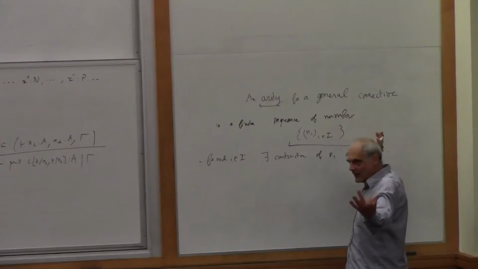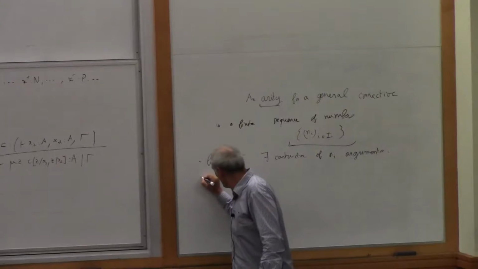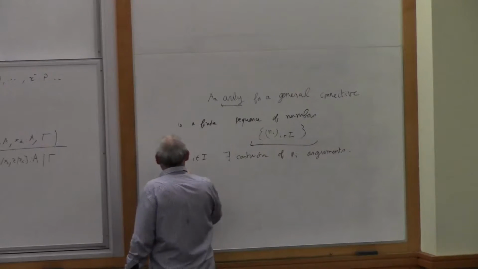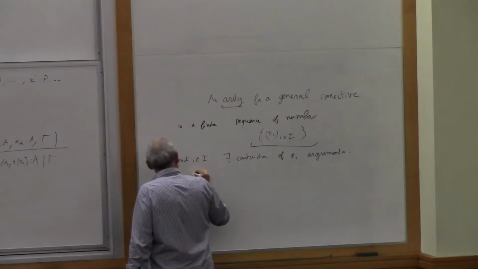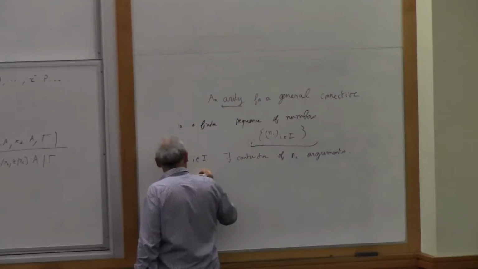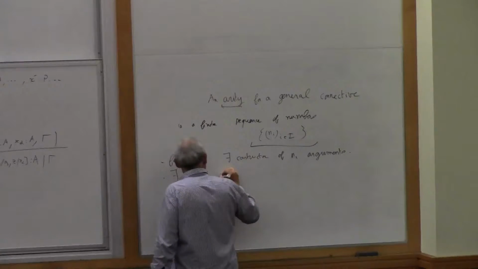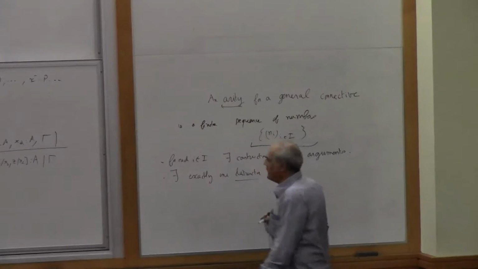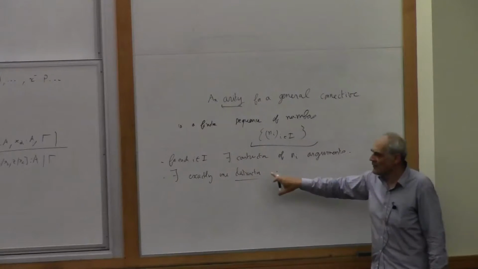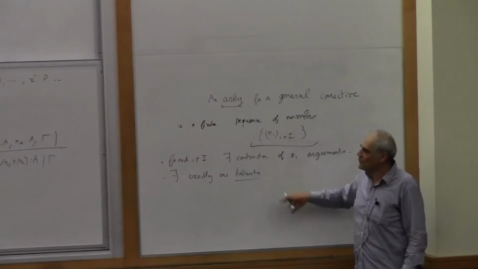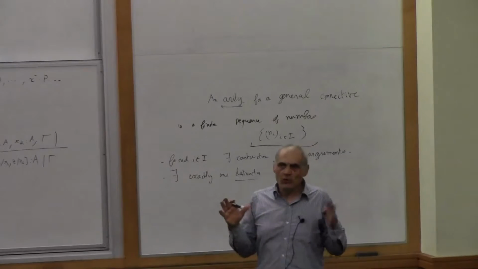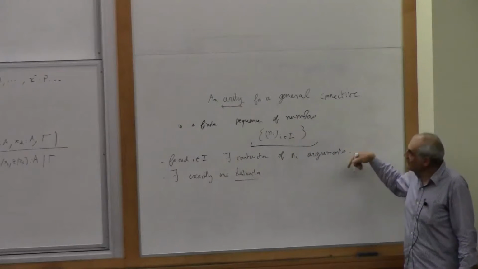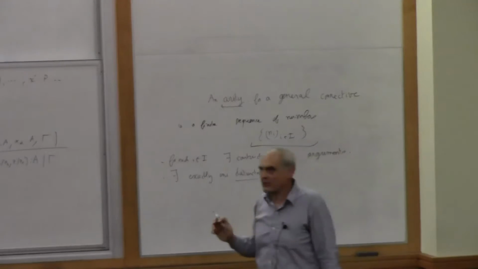And whatever big I is, there will always be exactly one destructor. And this destructor is going to be ready to do a case analysis on all the constructors. Okay, so it's just like in an inductive type.